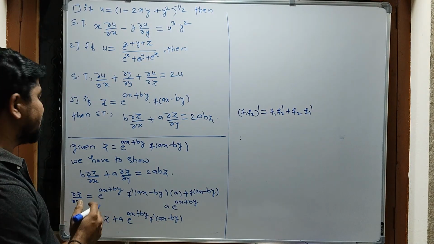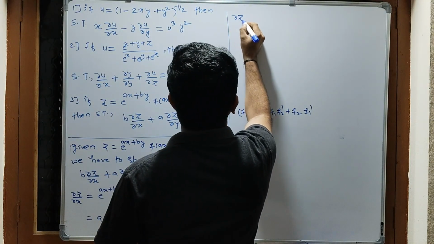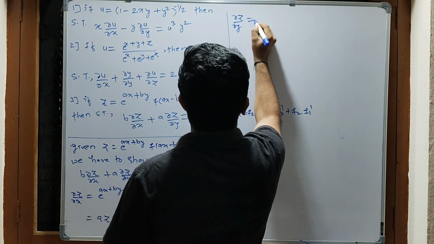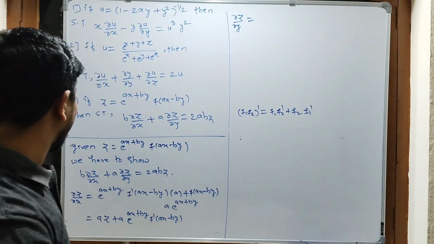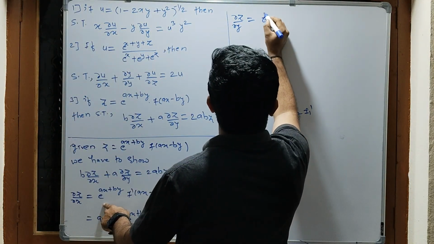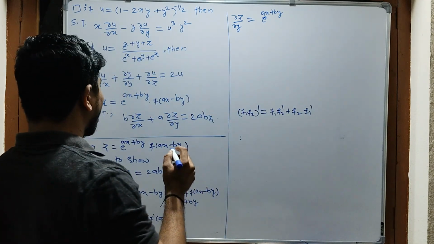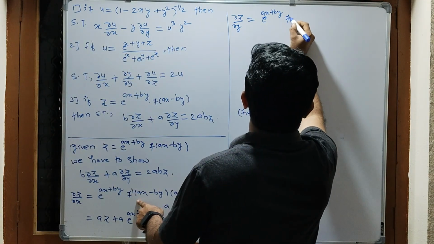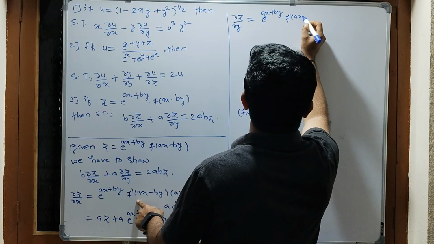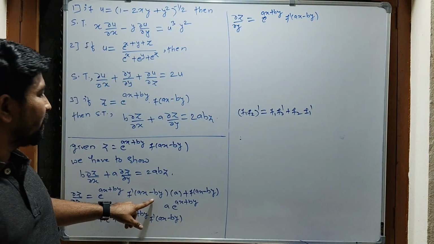Now I want to find the partial derivative of z with respect to y, keeping x as a constant. Now tell me how to find. Again the same: e to the power ax plus by as it is, times the derivative of the second, that is f dash of ax minus by. At that time the derivative with respect to y gives minus b.